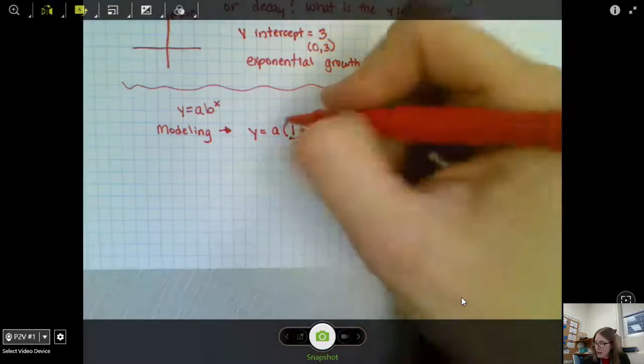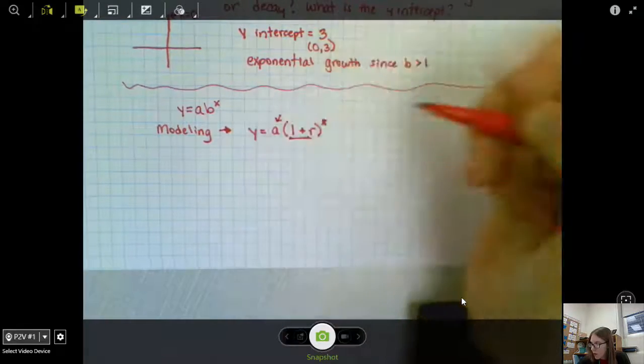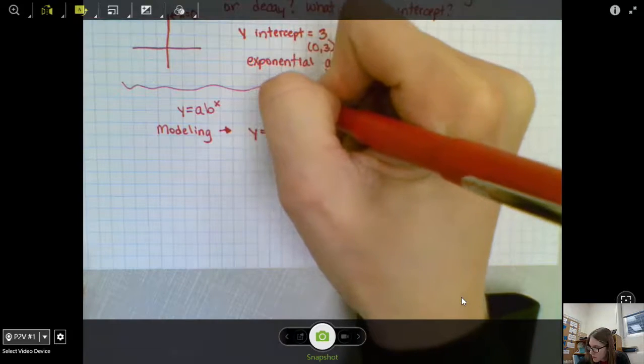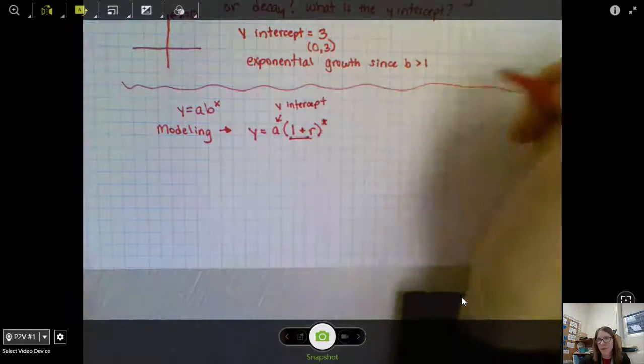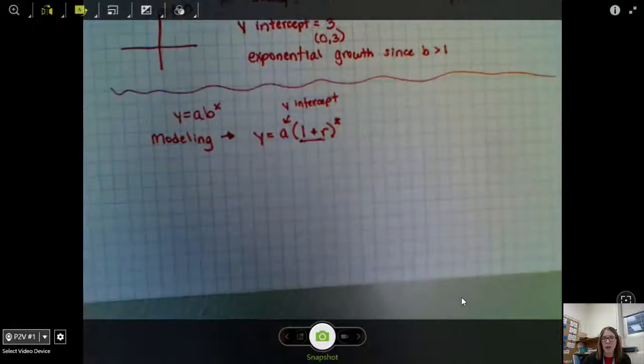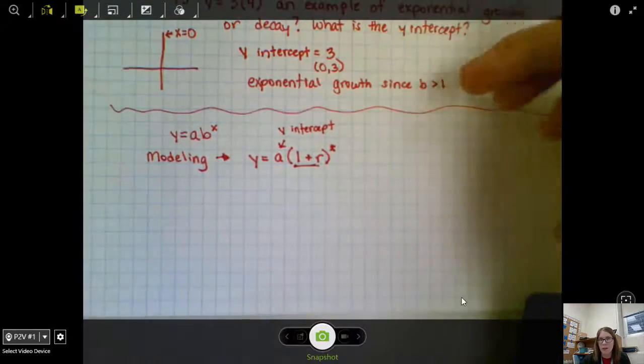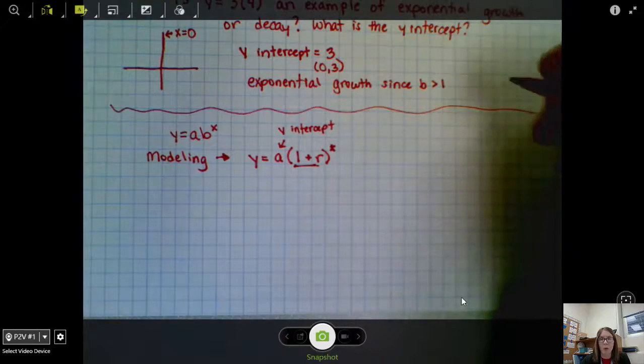So a again is our y-intercept. And as far as applications go, a lot of times that y-intercept is talking about your original value or your starting amount.